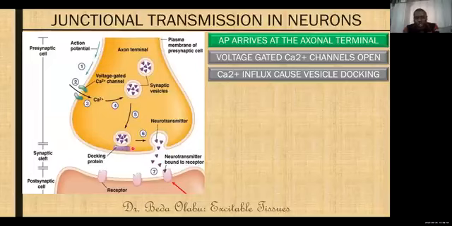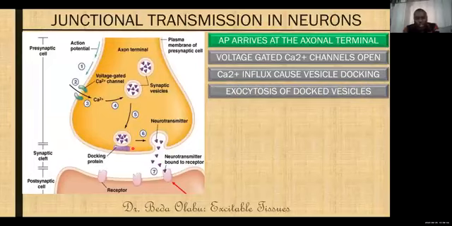Once the vesicles have docked, they will release their neurotransmitters, their contents, into the synaptic cleft through the process of exocytosis. The neurotransmitters within the cleft can be degraded, can go back to the original cell, or can go back to another cell.